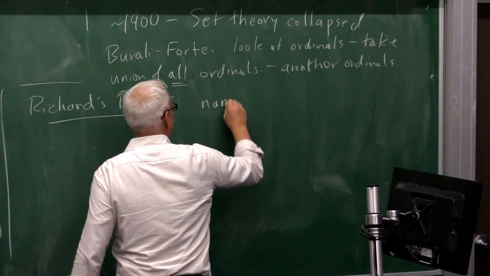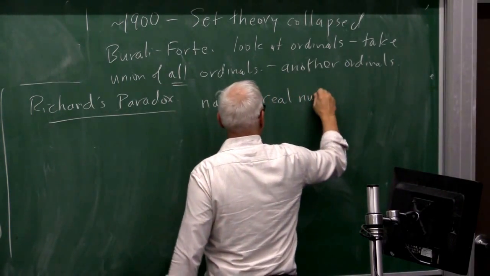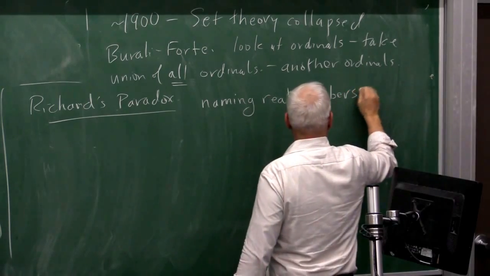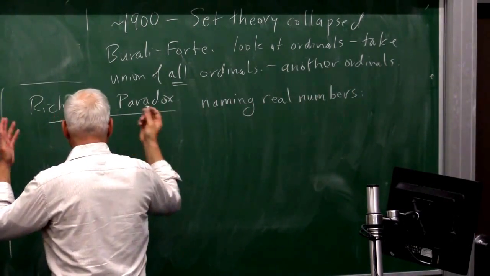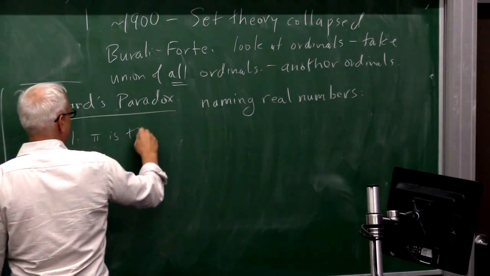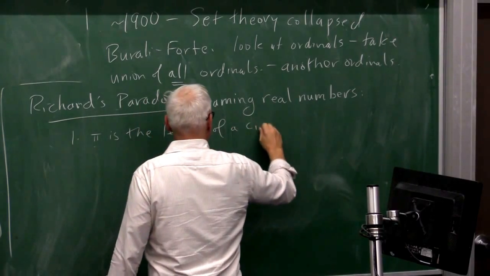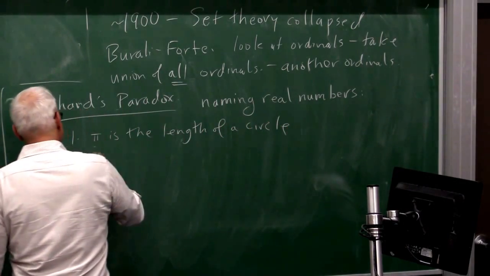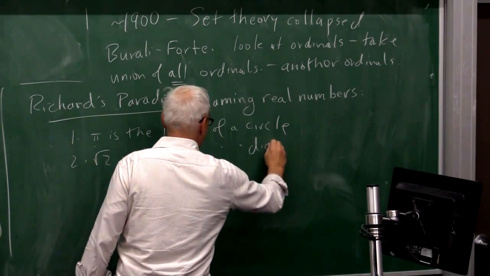So imagine naming real numbers, giving all possible names. So pi is the length of the circle with unit diameter, and the square root of 2 is the length of a diagonal.